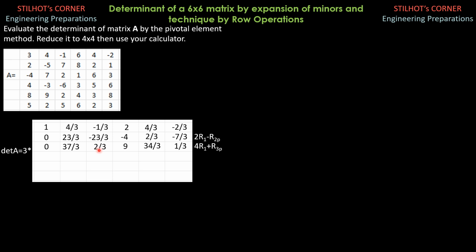First, this 2/3 here. 4 times negative 1/3 is negative 4/3, then plus 2, negative 4/3 plus 2 is positive 2/3. So it's really positive 2/3 here.